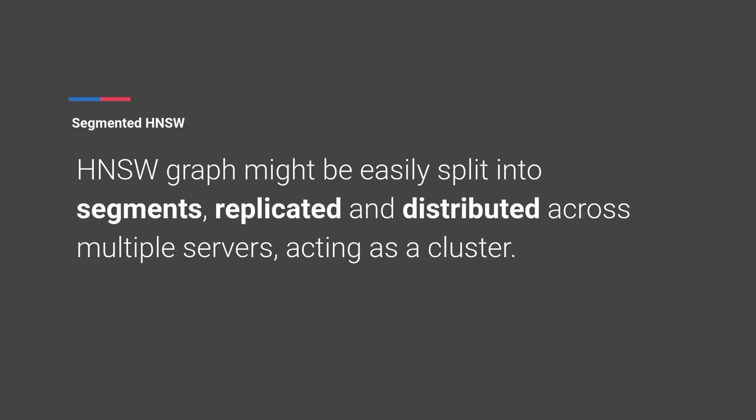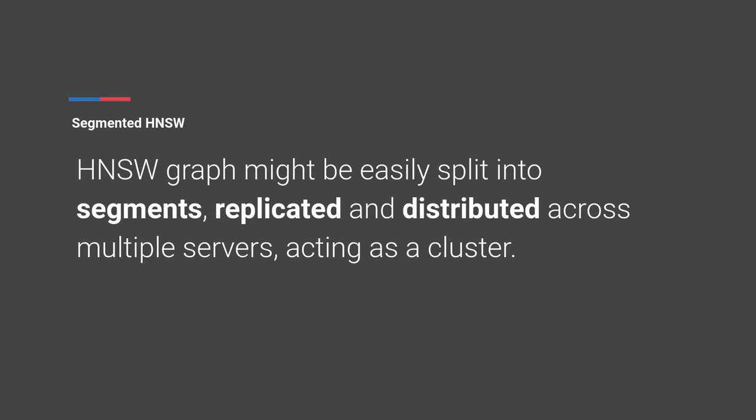Also, the huge advantage of using HNSW is that it can be effectively scaled to multiple machines, because it might be easily divided into multiple segments, and those segments might be running on different machines. It's more like a map-reduce approach. You can send the same query to different machines. They will search over the segments of the data.